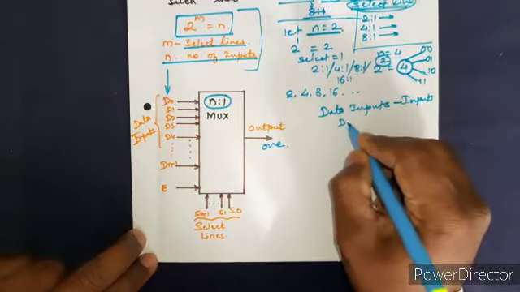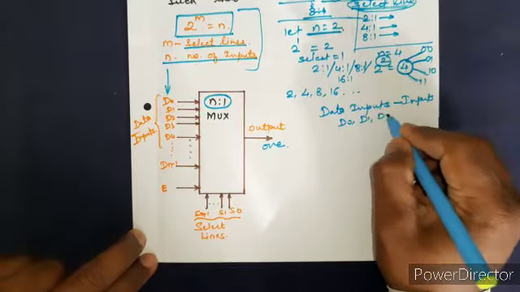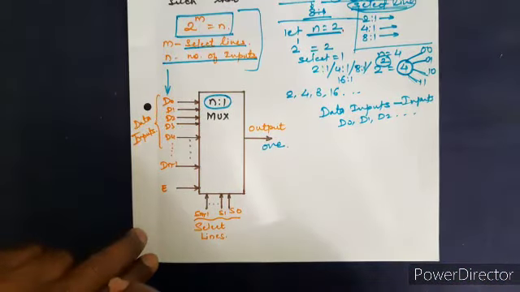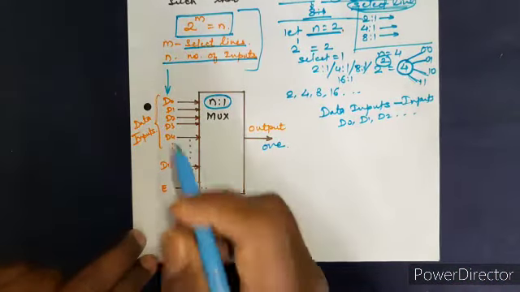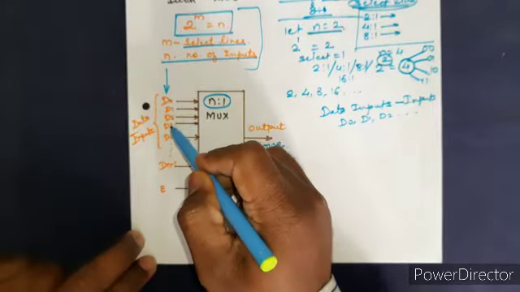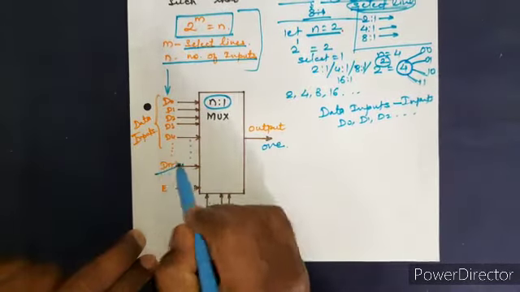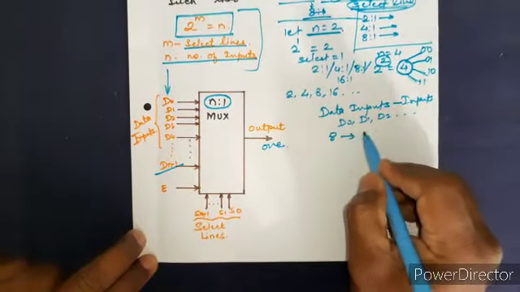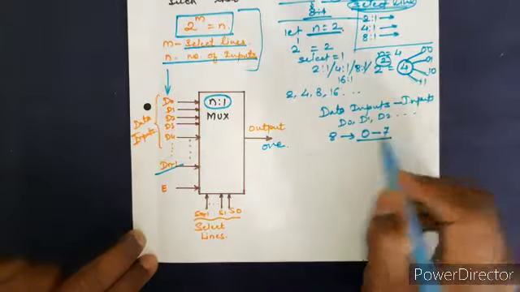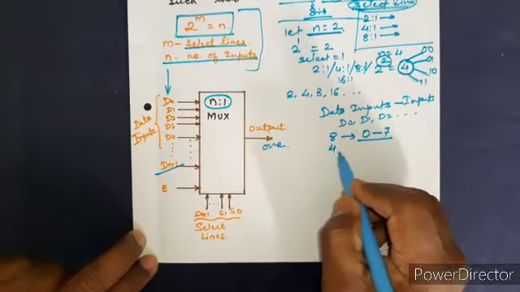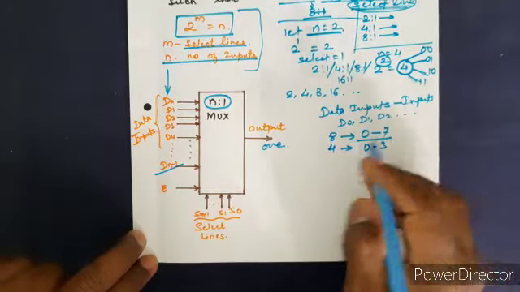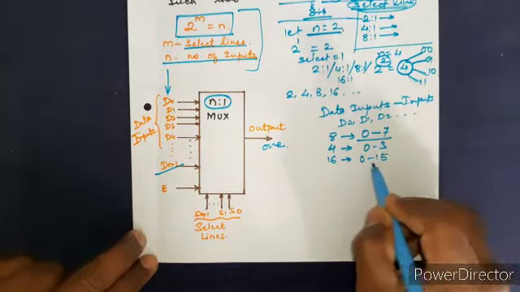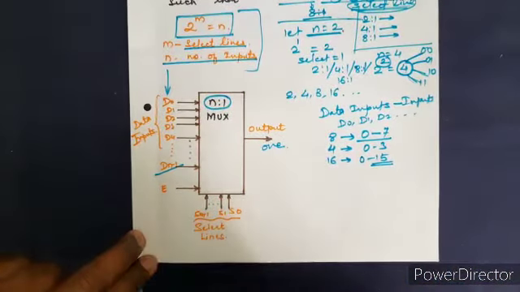They are denoted as D0, D1, D2, and so on up to Dn-1. Because if we have 8 inputs, it ranges from 0 to 7. If we have 4 inputs, it ranges from 0 to 3. If we have 16 inputs, it ranges from 0 to 15. So this is n minus 1.